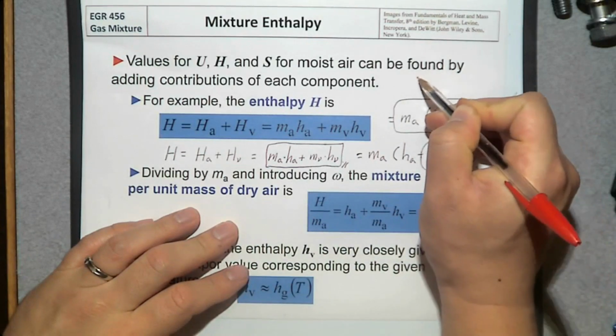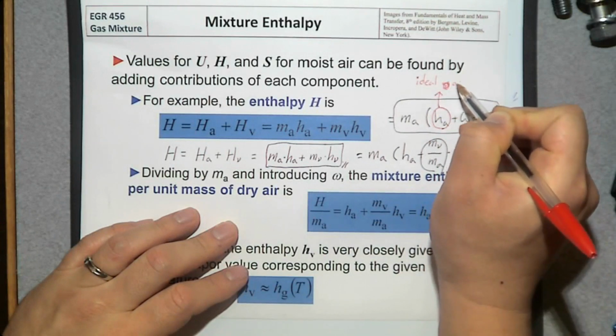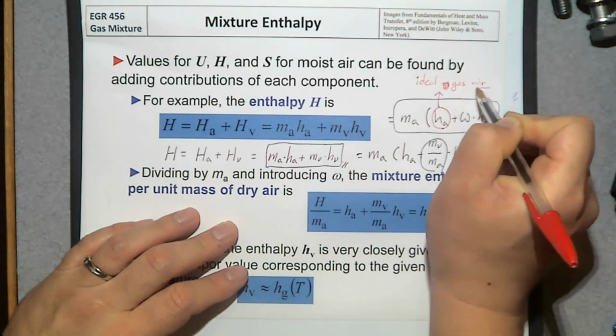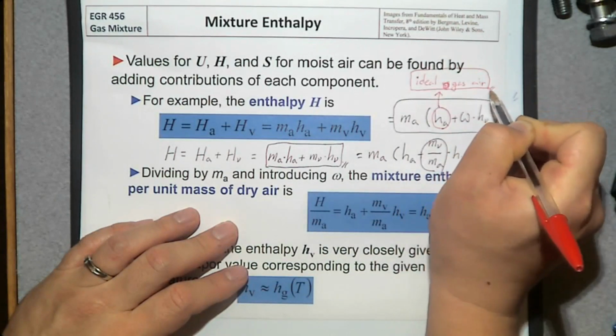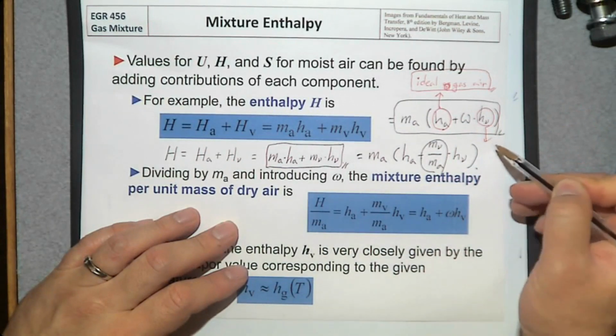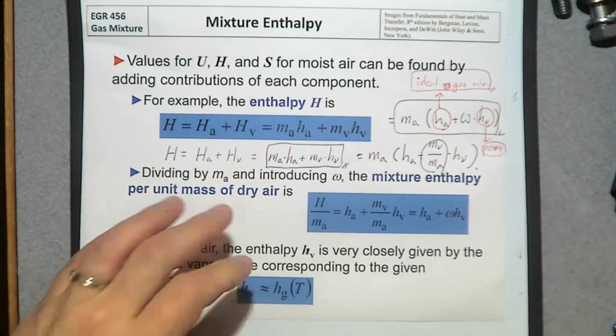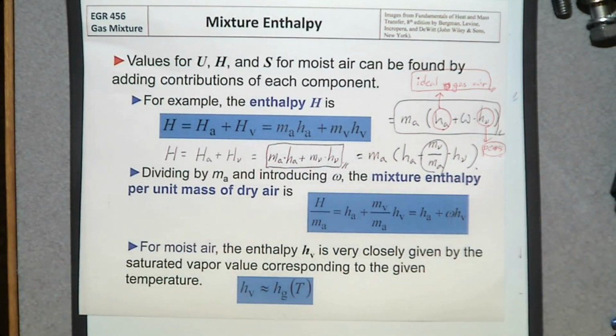So we can use ideal gas air properties. There is a table, and this one is for superheated vapor, phase change process number 5. So that's how we can evaluate each h. And if you already calculated the humidity ratio, you can determine the total enthalpy. And this total enthalpy is going to be the one that you use in your energy balance equation.